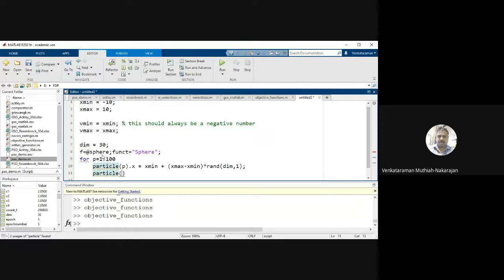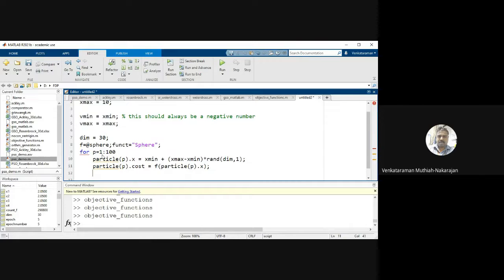The value of the function is called the objective function cost. I'm evaluating the function for each point. So you can also initialize velocity.